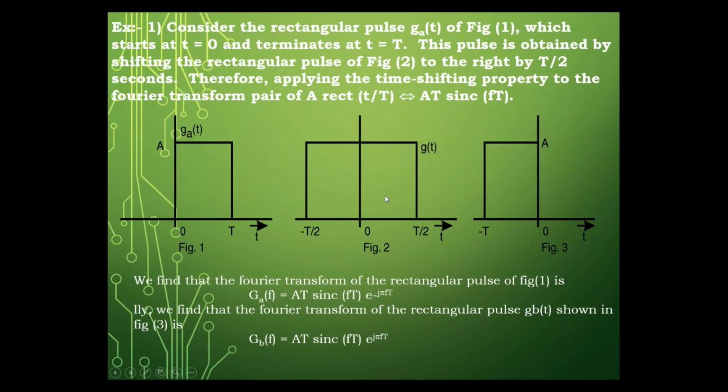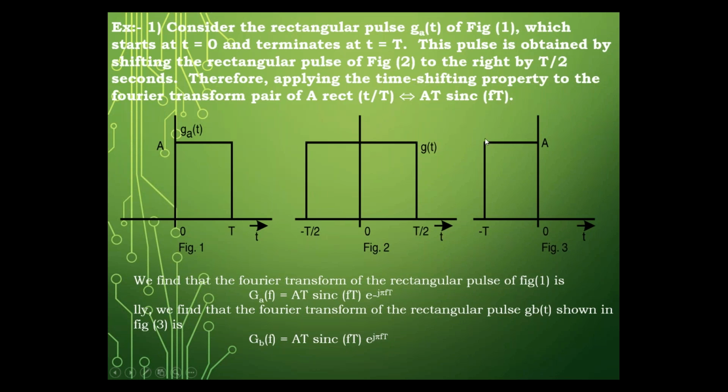For this, we already calculated the Fourier transform. If I assume that the amplitude of this is A, then I can write it as A rect t by t. And when you apply the Fourier transform to this, then I can treat it as A t sinc f t. Please try to understand. Here for this, the Fourier transform is that.